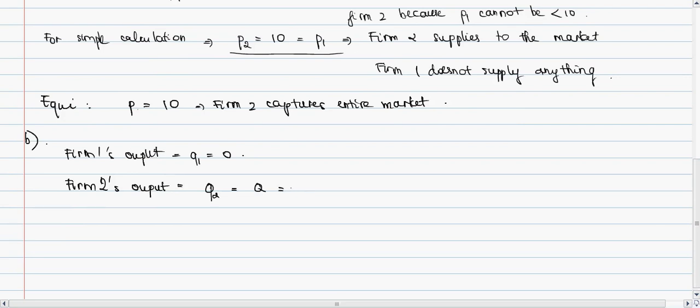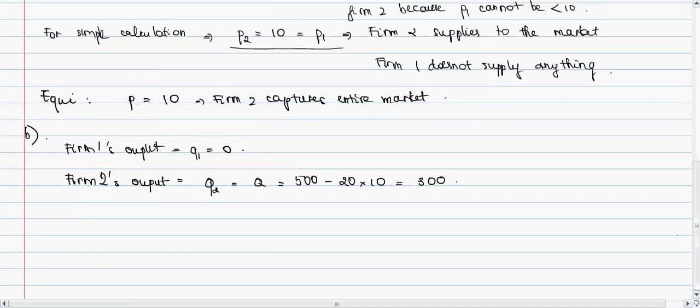And at the price equal to 10, using a demand function, we will be able to find the total demand in the market, which is 300, and that is going to be the quantity that firm 2 is going to supply to the market.